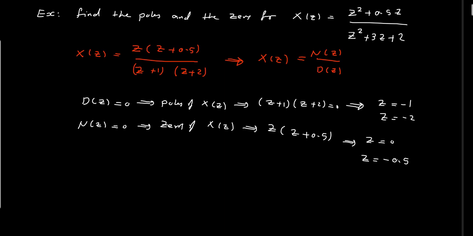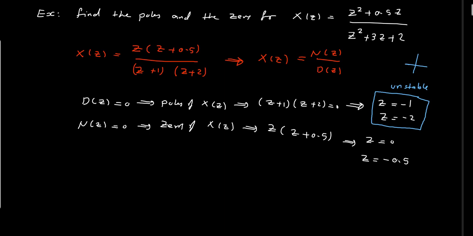So here we have two poles. One is located on the unit circle, the second one is located outside the unit circle. So from our first lecture, the relation between the s-plane and the z-plane, the system will be unstable. Why?